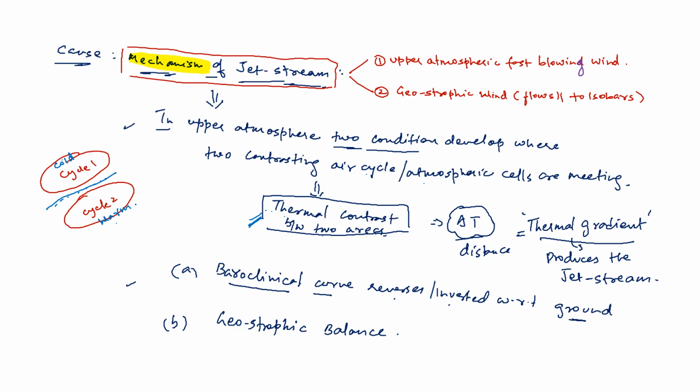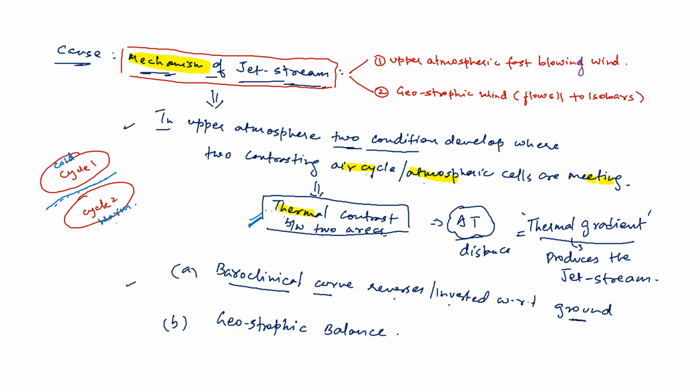So what happens in the upper atmosphere? Two opposite types of atmospheric cells or cycles interact or meet, and because of that meeting, a thermal contrast develops between the warmer cycle and the colder atmospheric cycle. This temperature difference produces a pressure difference, and that pressure difference produces fast blowing winds.